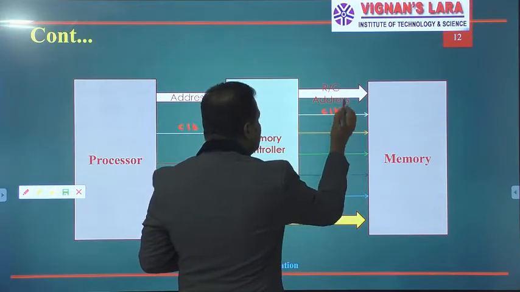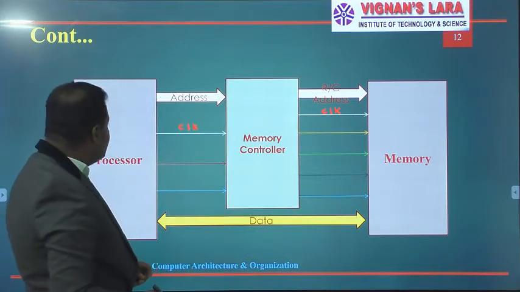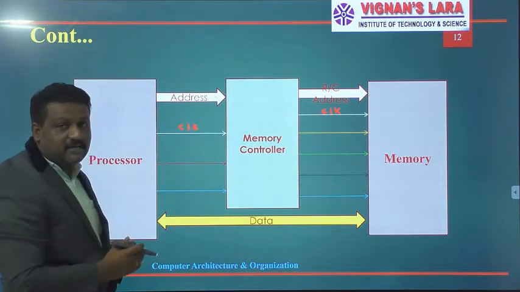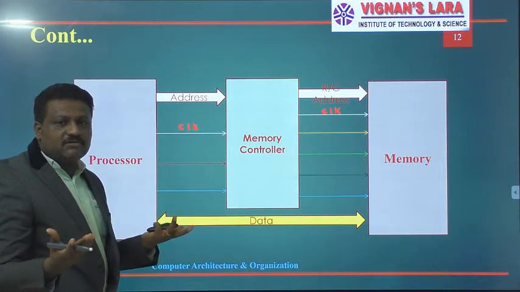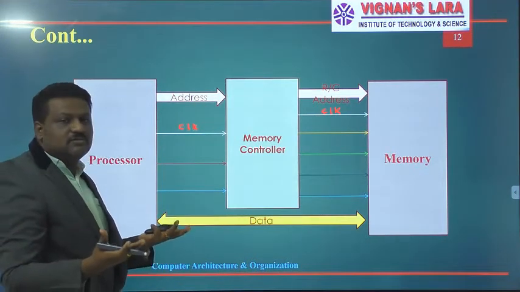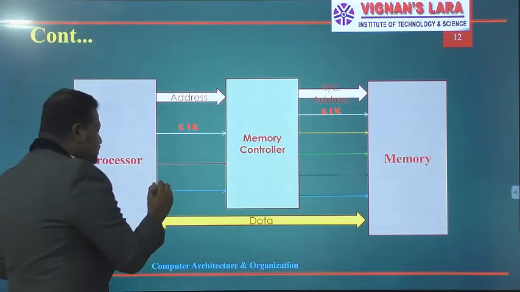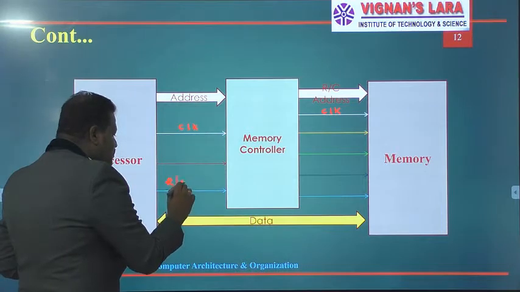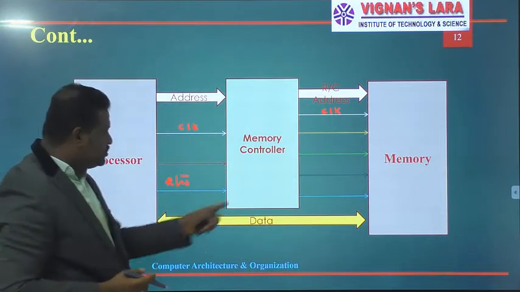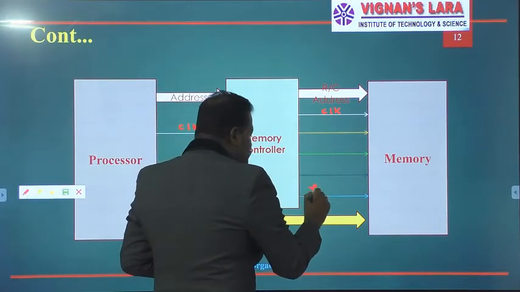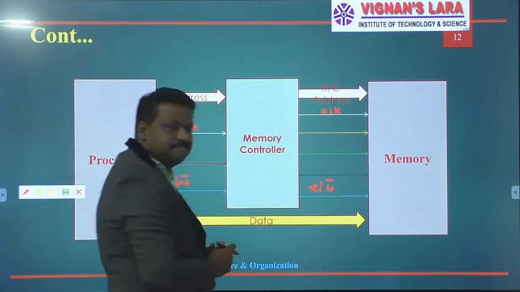And the second thing: once the processor sends an address, it generates a control signal that indicates which operation the processor is going to perform. For that, my control signal is the read/write bar signal. Here also the same signal, read/write bar.